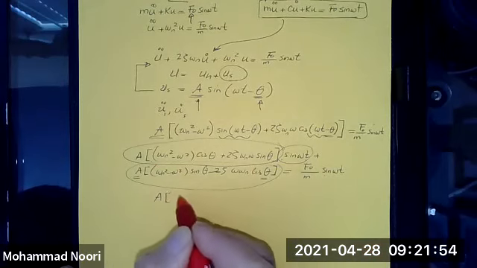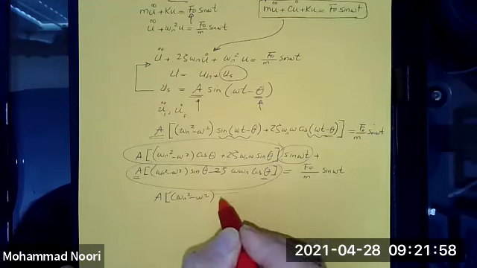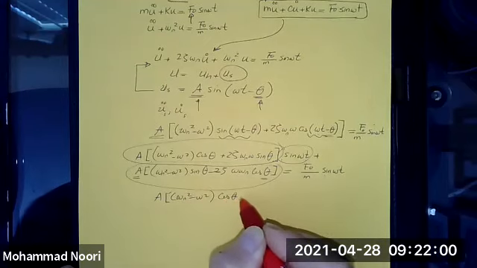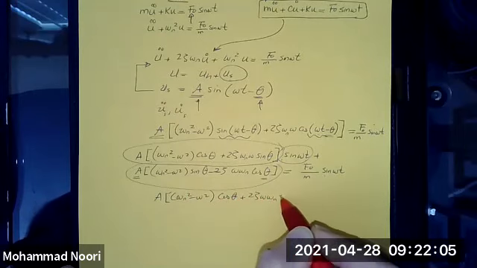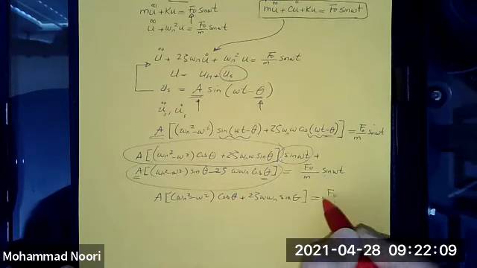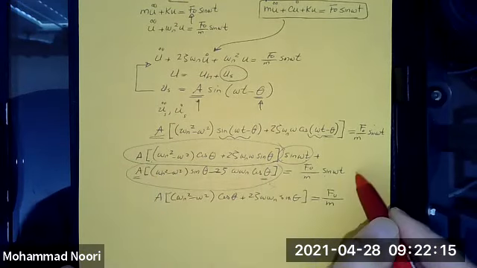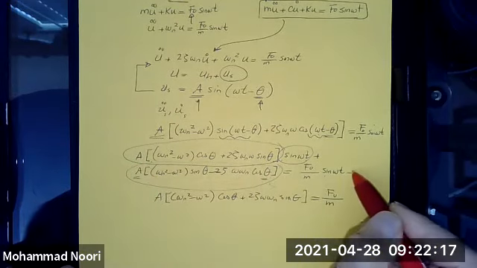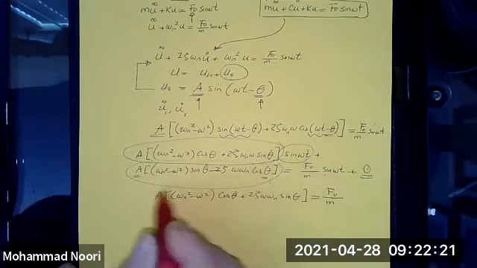So this is what you have. Omega n squared minus omega squared, cosine theta plus 2 zeta omega n omega sine theta, times A, equals F naught over m. And the other one is a cosine omega t term. On the other side, you don't have a cosine term, or the constant value is 0.